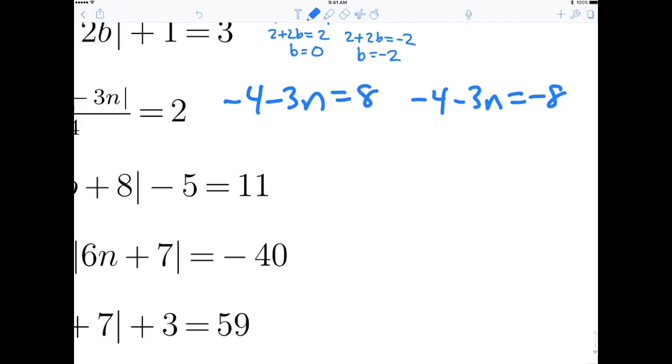All right, now mental math. I want everybody to tell me n is equal to -4, right? Add 4, divide by -3. 12 divided by -3 is -4.